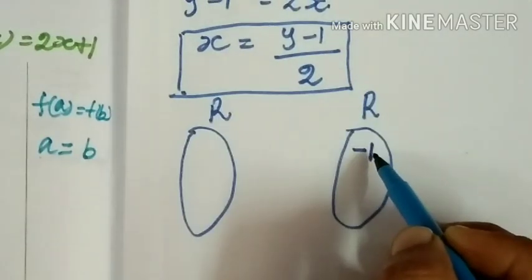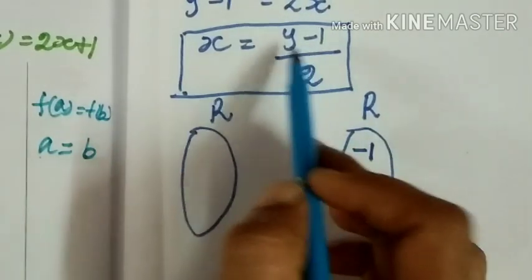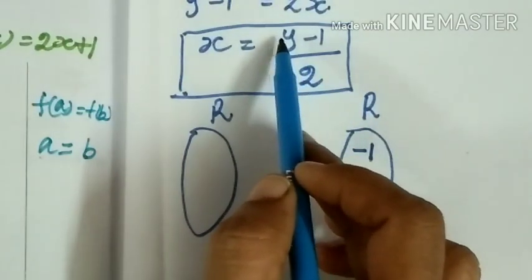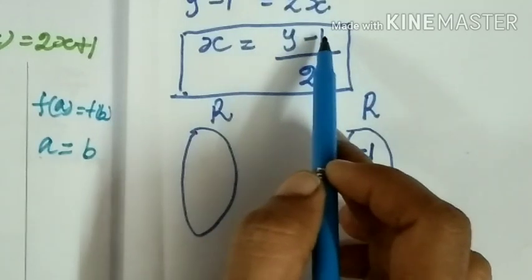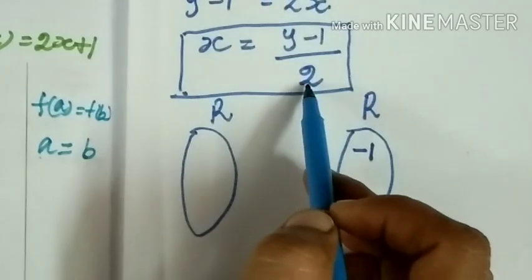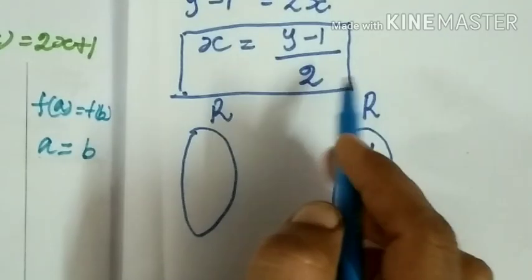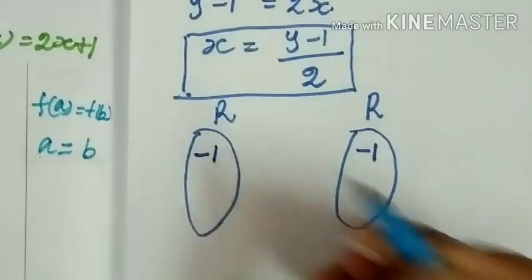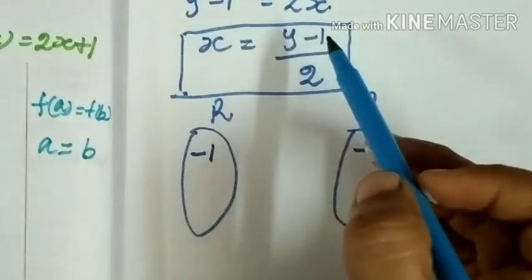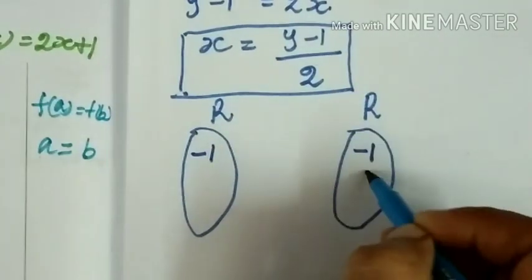Take minus 1 for y. Then instead of y you apply minus 1, which means minus 1 minus 1, divided by 2. We get minus 2 by 2. Then we get minus 1. Then next I will take plus 1.